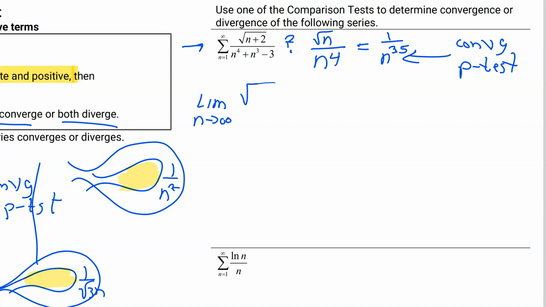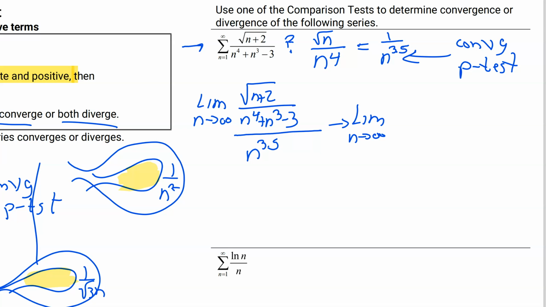So, of the original function, which is this, right? We're taking the limit of the original function divided by what we're comparing to, right? And I think I already wrote it out wrong. It's supposed to be 1 divided by that.